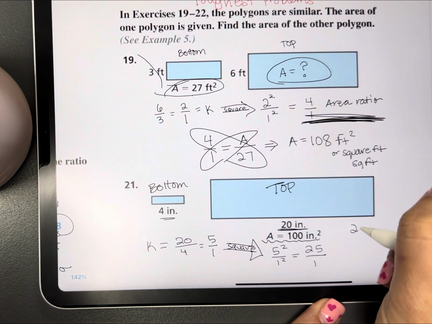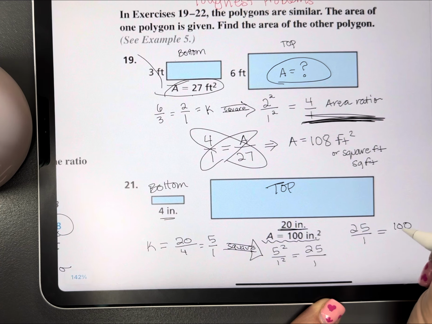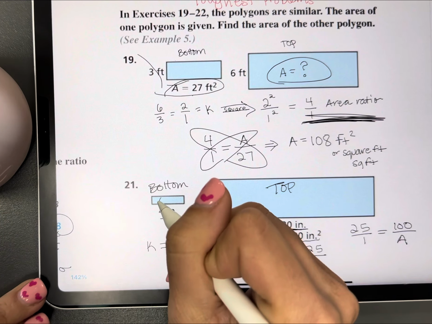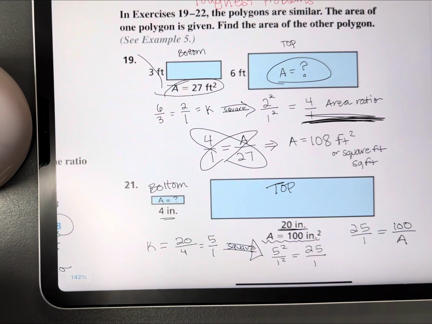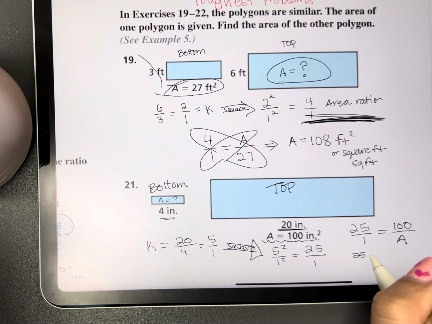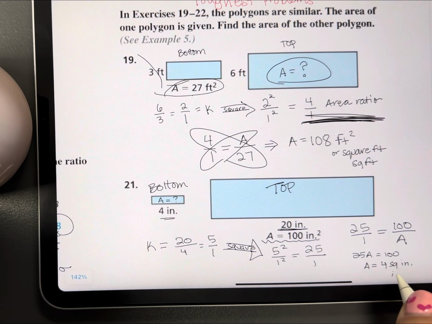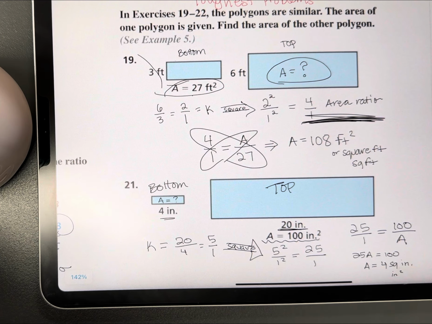So now I can say that 25 over 1 equals 100 over x, or a. This a is unknown. Cross multiply. 25a equals 100. Divide both sides by 25, and our area here is 4 square inches, or inches squared. Okay.